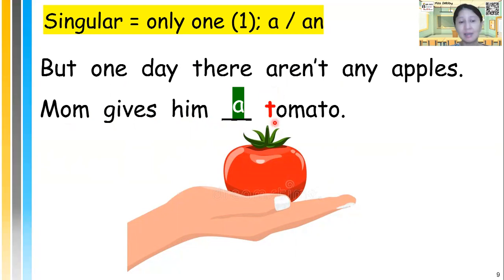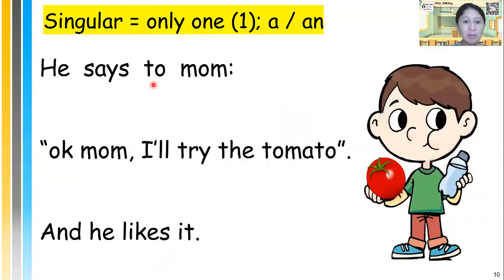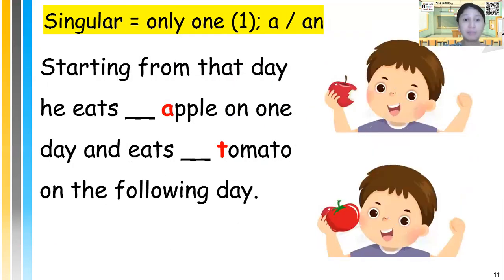A consonant. Okay, next. And then he says to mom, okay, mom, I will try the tomato. And he likes it. Wow, yummy tomato, right?